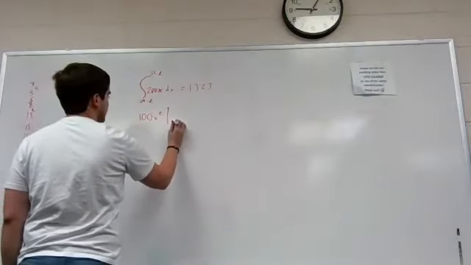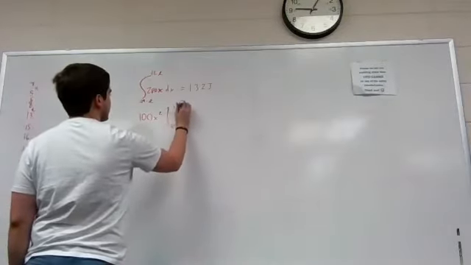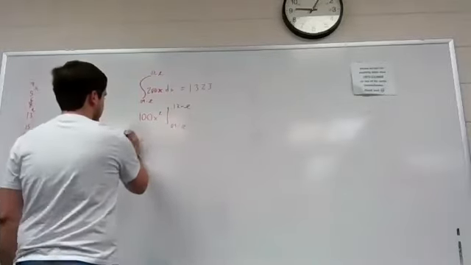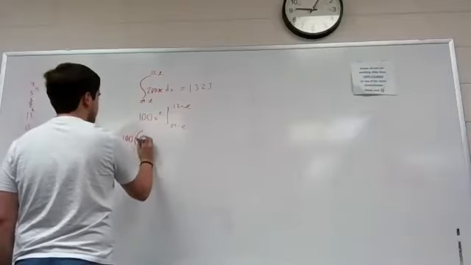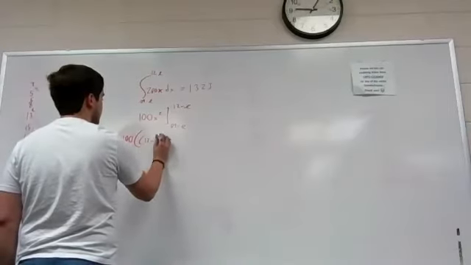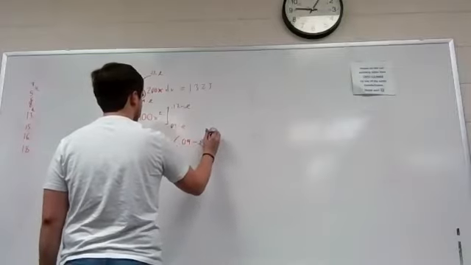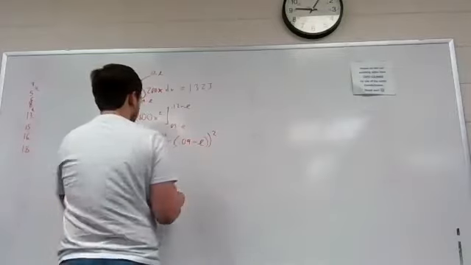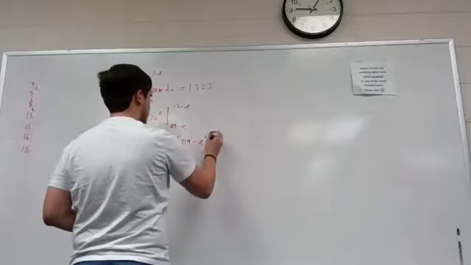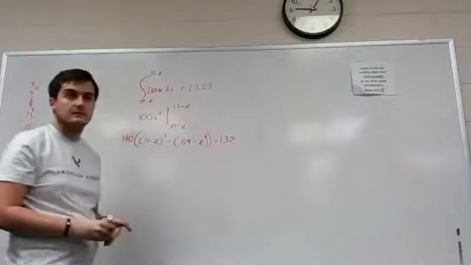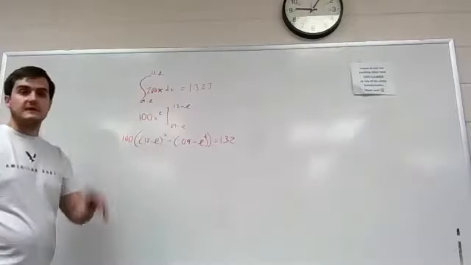And then I would evaluate this from 0.09 minus L to 0.12 minus L. So I'd get 100 times (0.12 minus L) squared minus (0.09 minus L) squared, and whatever this is, it would be equal to 132. Would you be able to find L in that case?